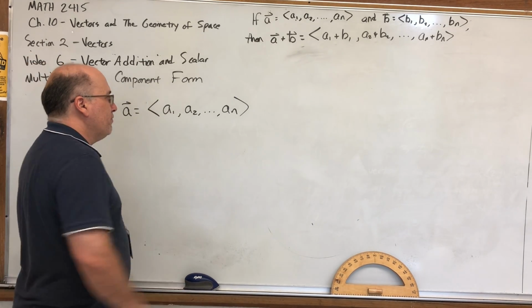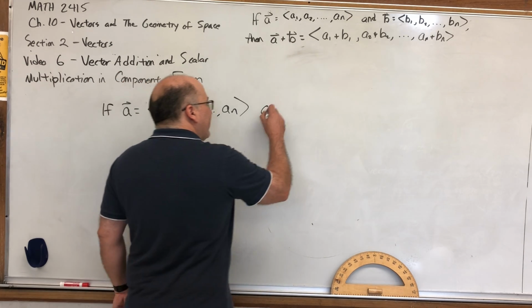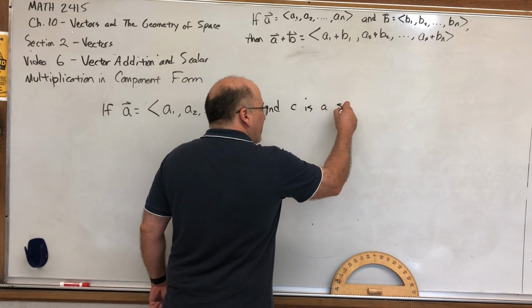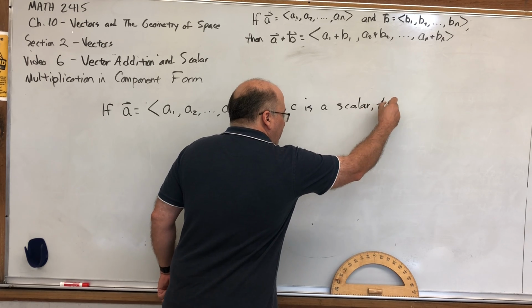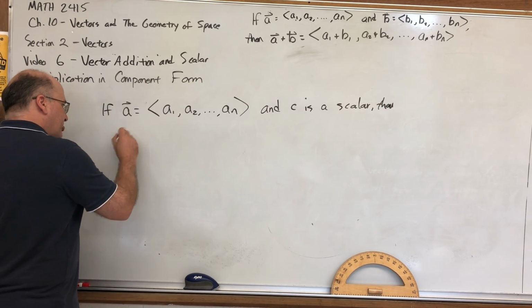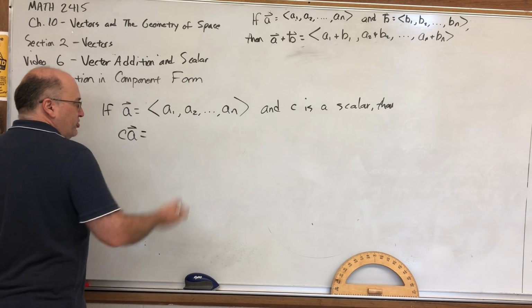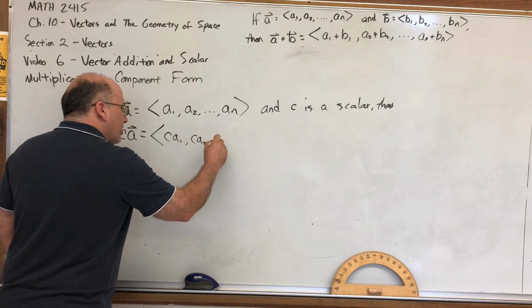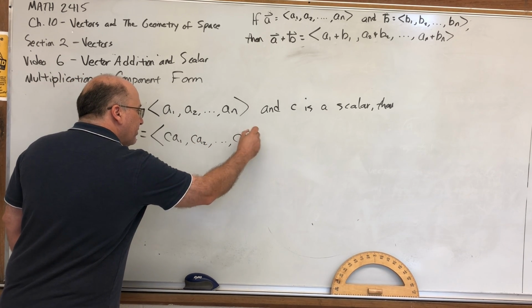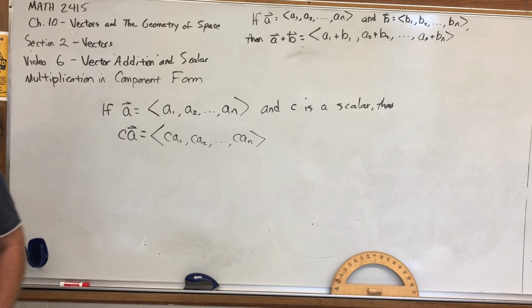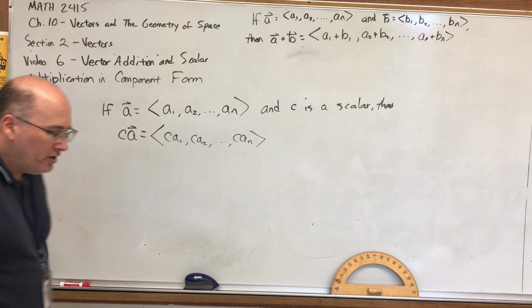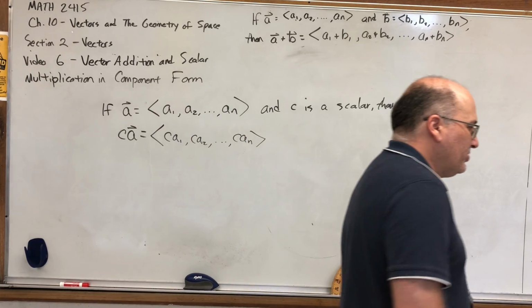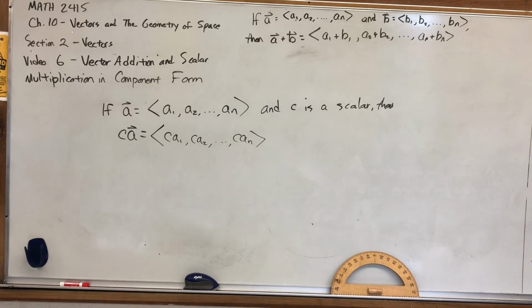If vector A has the component form A1 through An, and c is a scalar, then the scalar multiple cA is just c times each component: cA1, cA2, through cAn. Looks a little distributive. It's not quite distributive because there aren't 2 operations going on here, but everybody gets the scalar. So scalar multiplication is, I don't want to say it's trivial, but it's pretty straightforward.